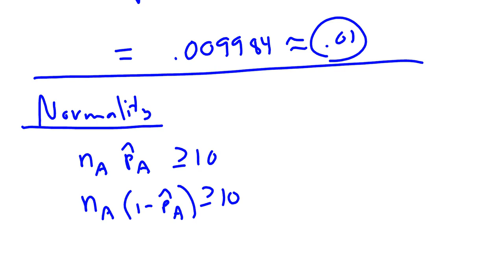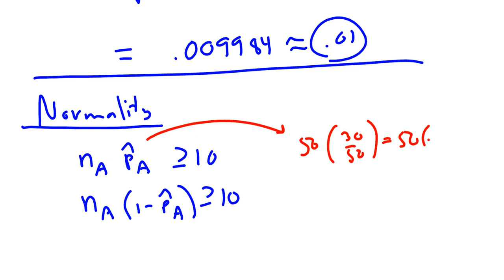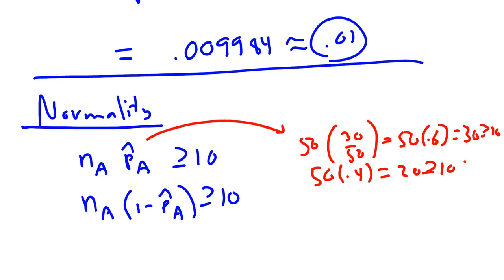And so if we take a minute to calculate this, we would get 50 times p hat, which is 30 over 50, or 50 times 0.6, you will get 30. That shouldn't surprise you. That's definitely greater or equal to 10. And if you did 50 times 0.4, you'll get 20, which is also greater or equal to 10.